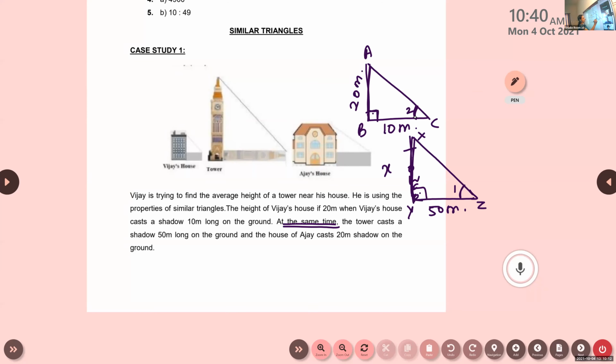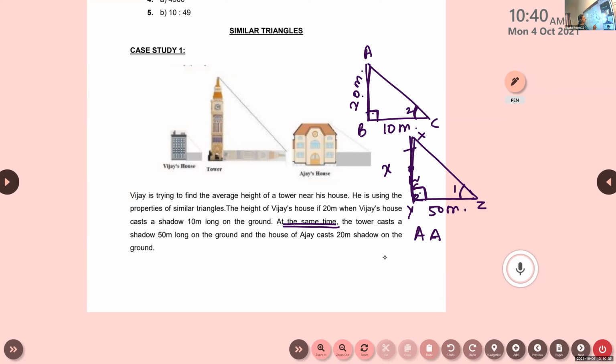How many angles are given here? How many angles we know that are equal? Two angles. That means which criteria? AA criteria. Because this side we don't know, whether any side is proportional here. No side we are getting as common. Only two angles are given.